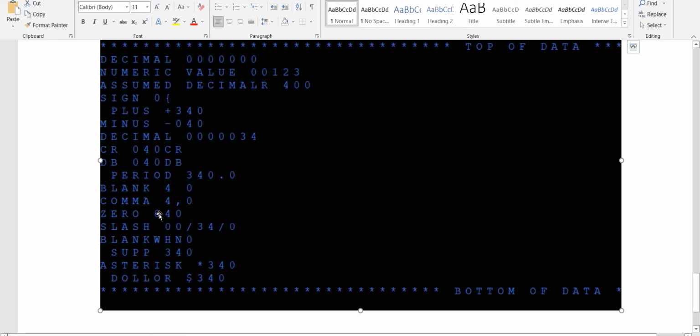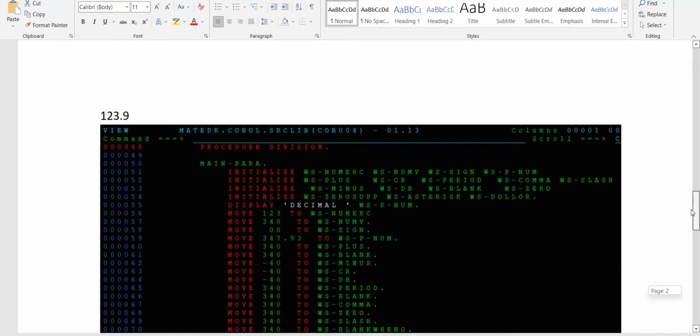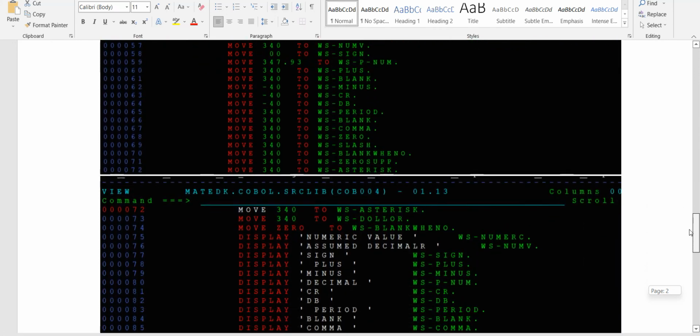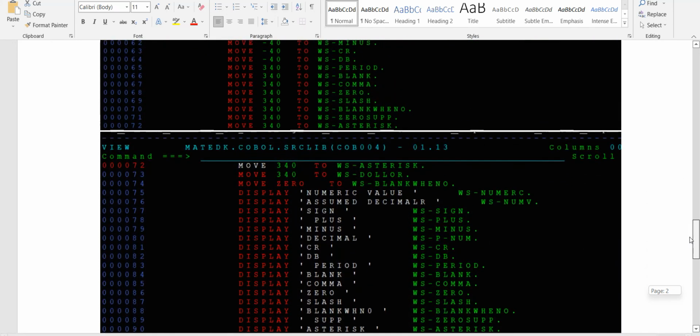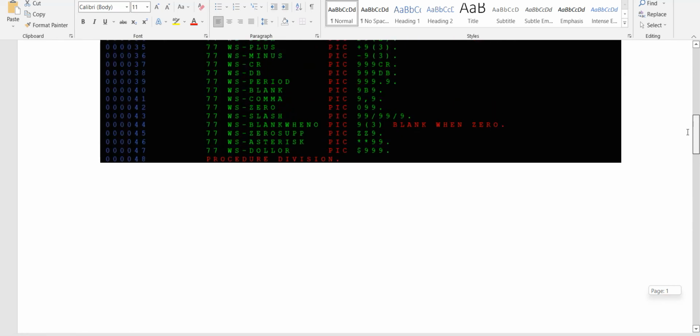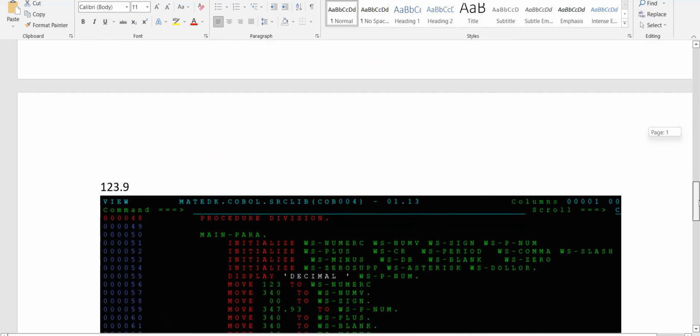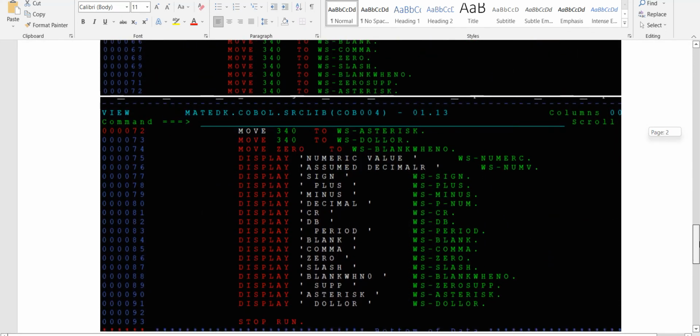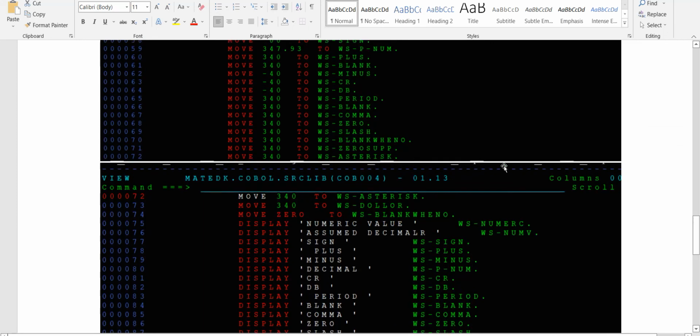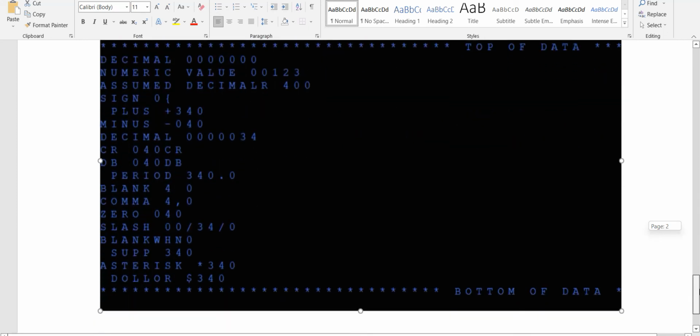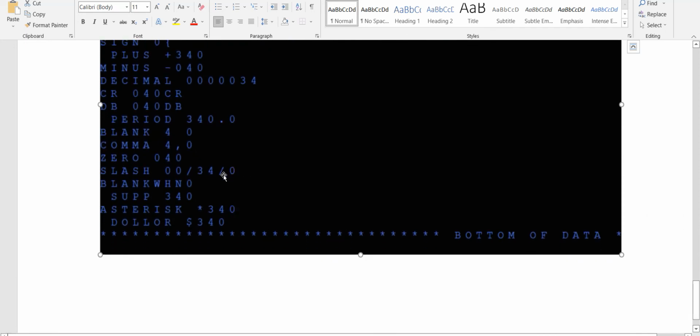So 04, that is 0. And the slash, we have given slash. Sorry, so slash here, where is the slash? See, 99 slash 99 slash 9 I have given. Okay, and the value I'm moving here, 340 I have moved. How did we take? See, 0 first and slash 34 slash 00.